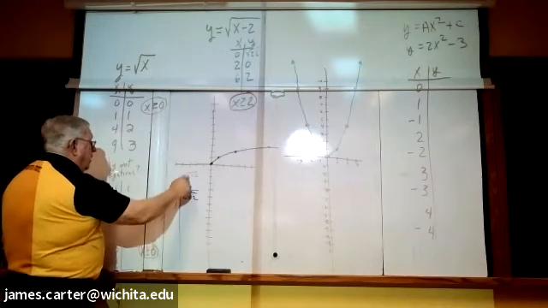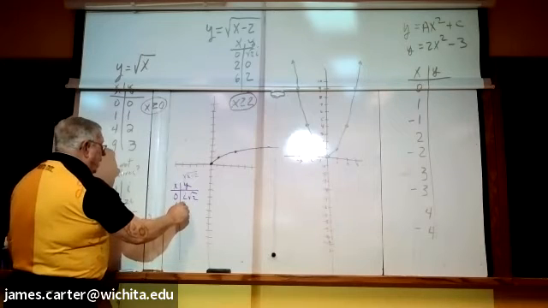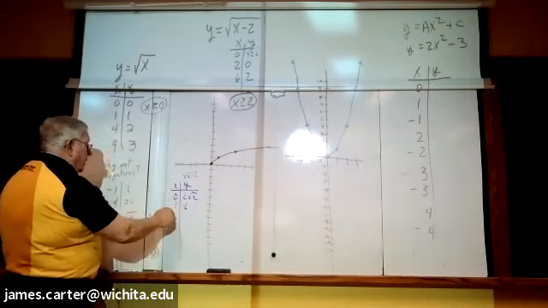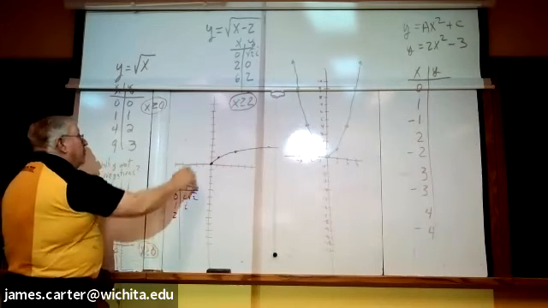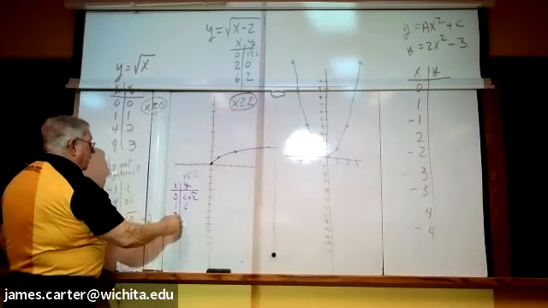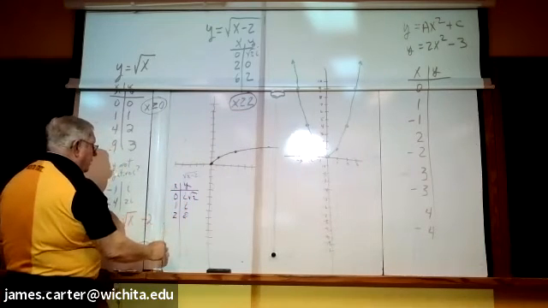If x is 1, we get i. We can't graph that. If x is 2, okay, remember I said that x had to be equal to 2 or bigger. If x is 2, I get square root of 0, which is 0.